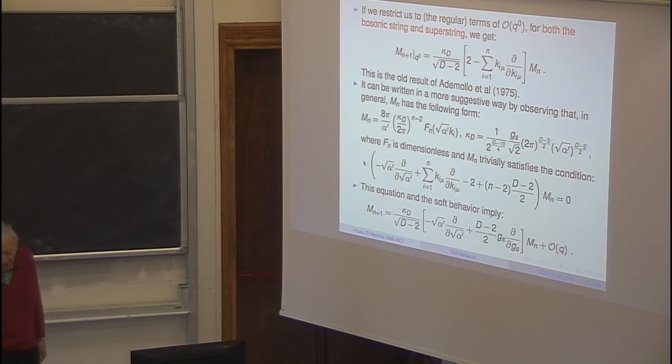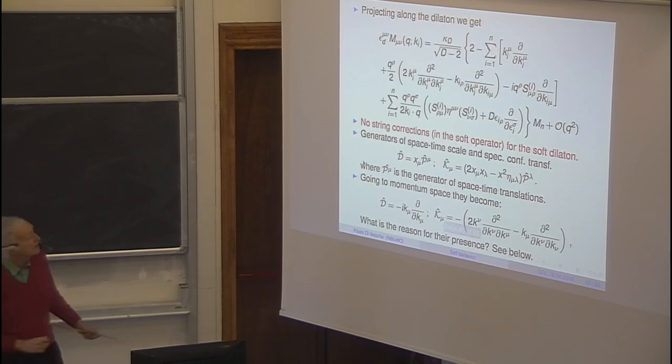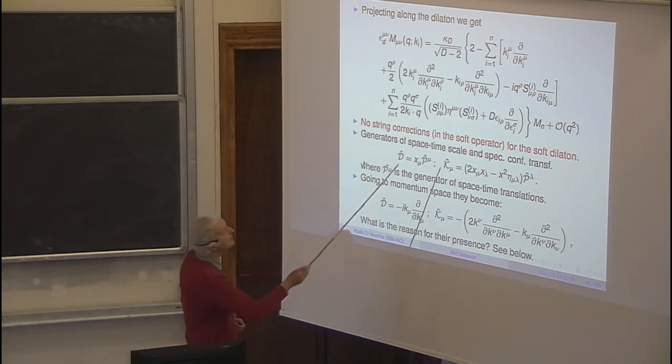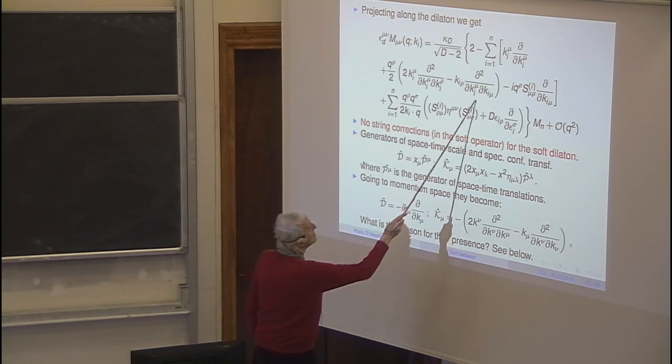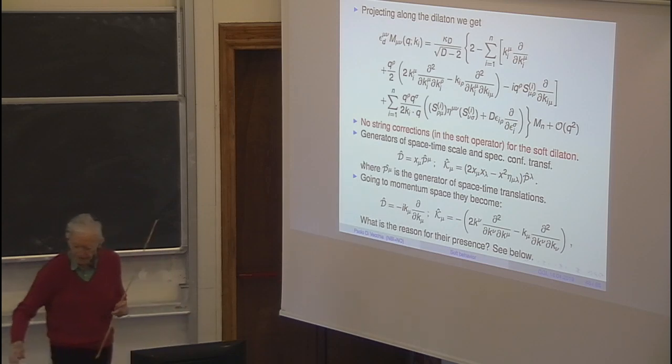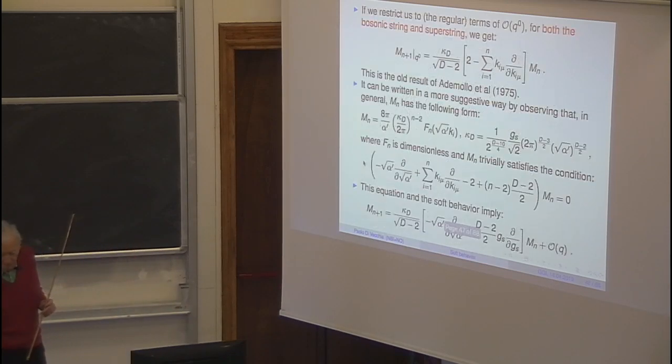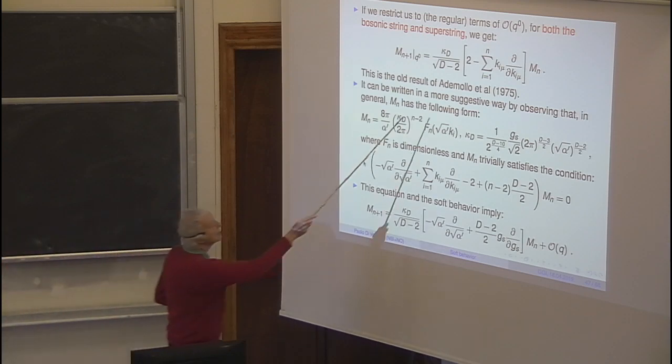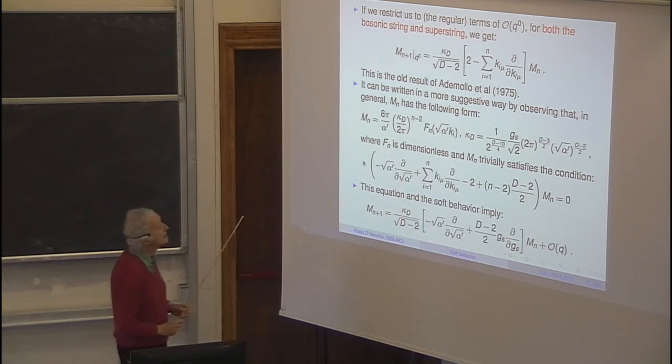Now let's restrict ourselves to the term of order q^0. Forget for the moment the term of order q. That is the expression that was already present in the paper by Ademollo et al.